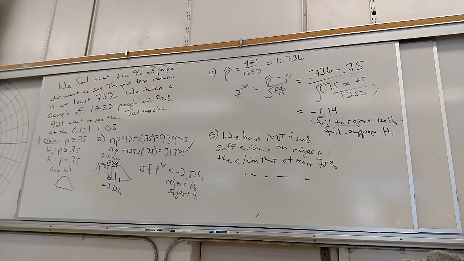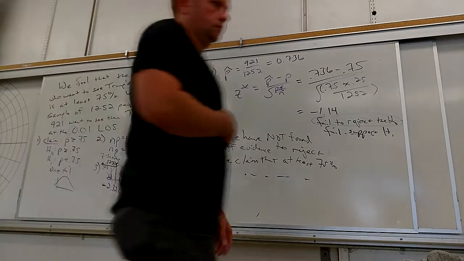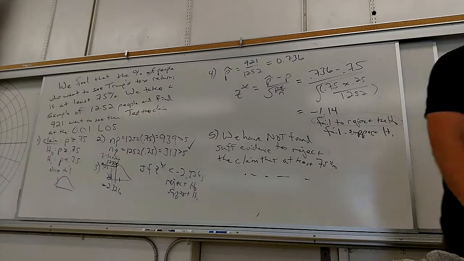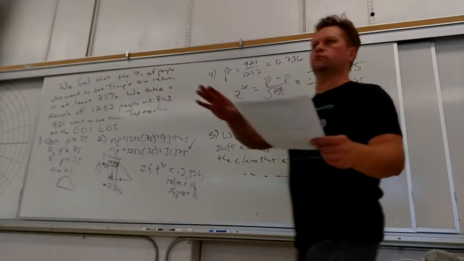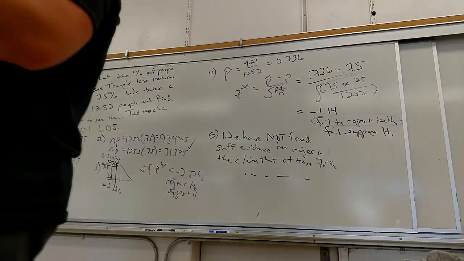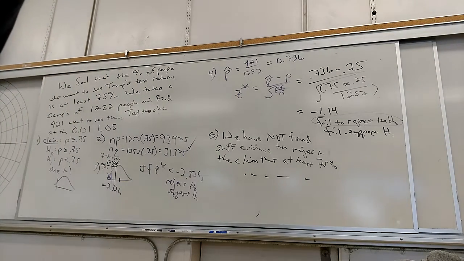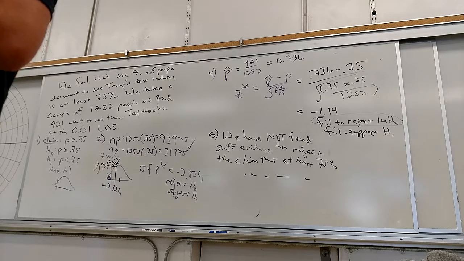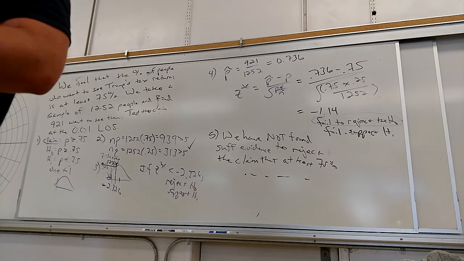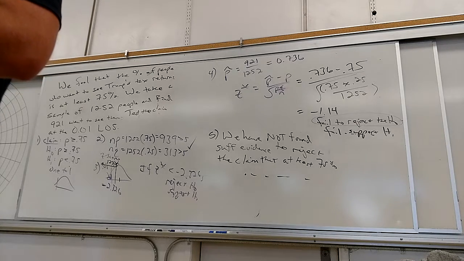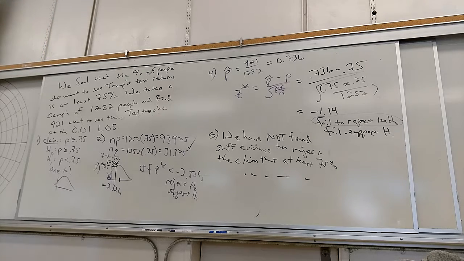For 7, how do you know that it's a normal distribution? Oh, okay. We don't know. The question is, why must we assume this is normal? What part of the process could I not do if it wasn't normal? Exactly what part? So what is the process?